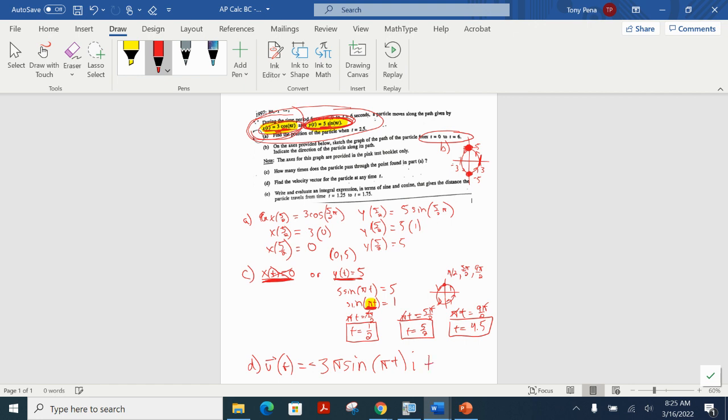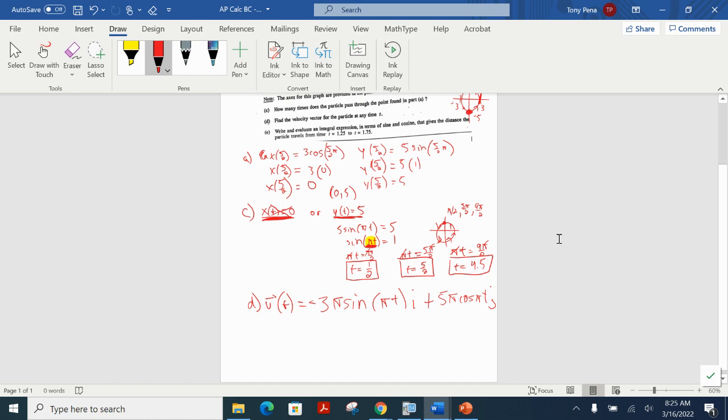And then let me go to the second one. So now I'm going to take the derivative of the y. And that would be 5 pi cosine of pi t. And then I could put that little j right there. All right, it's valid. It would work.